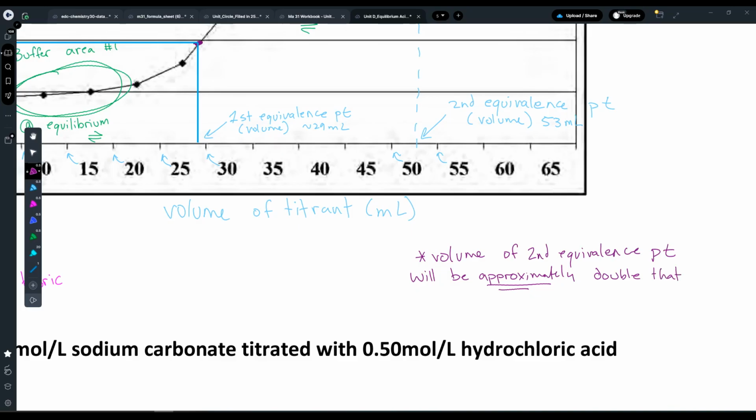So that's not a hard and fast rule. It's just to help you estimate where the second equivalence point should be.